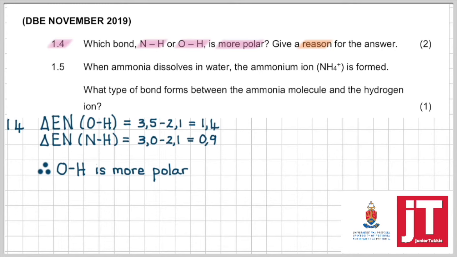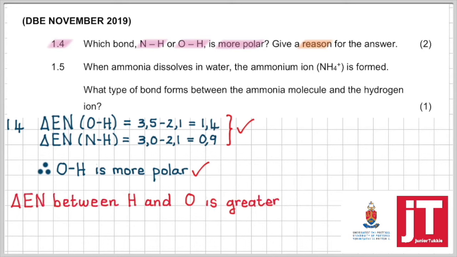You will obtain 1 mark for stating this and 1 mark for your calculation. In the marking guidelines of this question paper, they acknowledge the calculation as a reason for your answer. But you may also state in words that the reason why the OH bond is more polar is because the electronegativity difference between hydrogen and oxygen is greater.